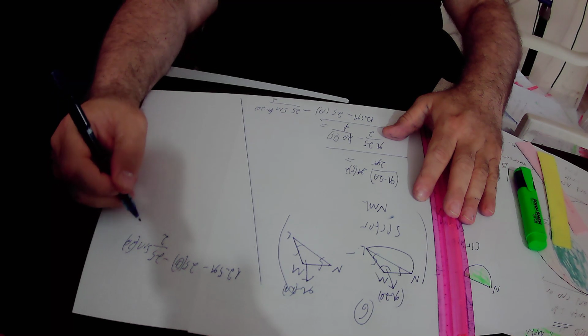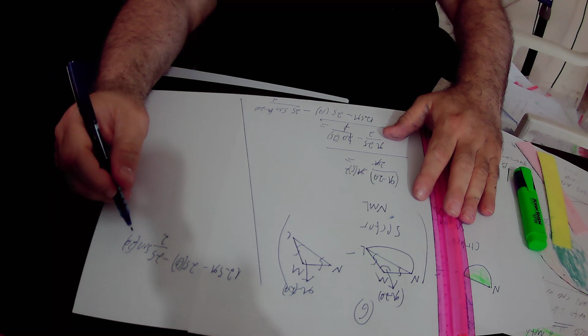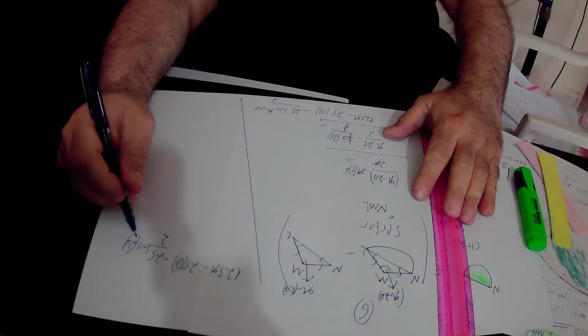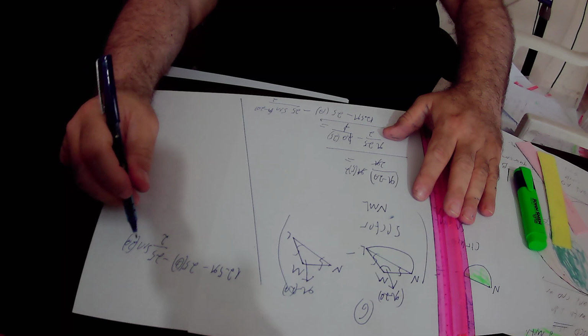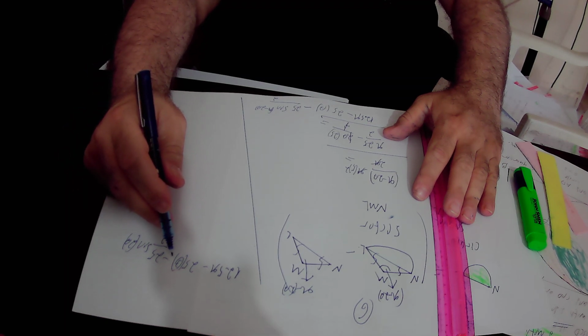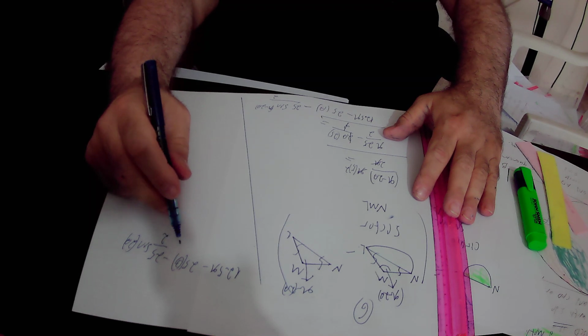And we already found out that sinus 2 theta equals 4/5, so we'll substitute sinus 2 theta by 4/5, and we'll substitute theta by tangents minus 1 of 0.5.